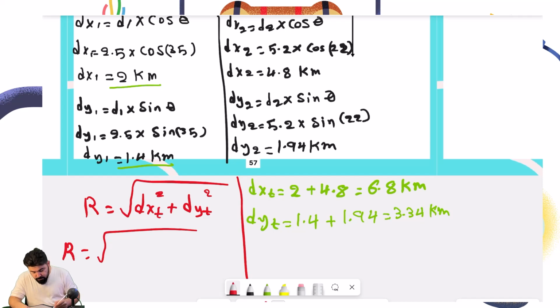We have dx total, so 6.8 squared plus 3.34 squared. Let's find the resultant. We have 7.57 kilometers. This is the resultant vector.